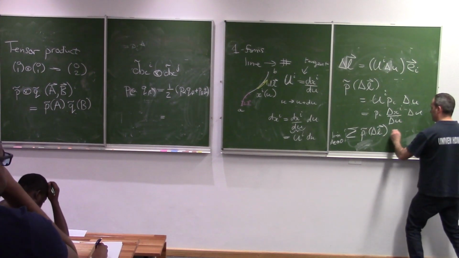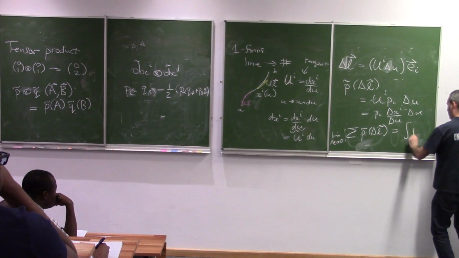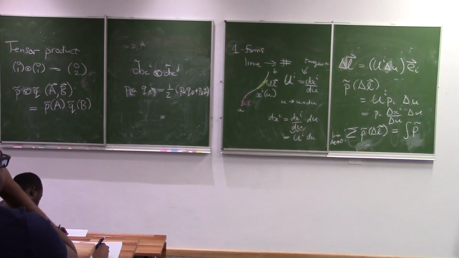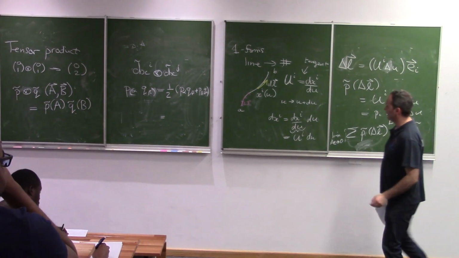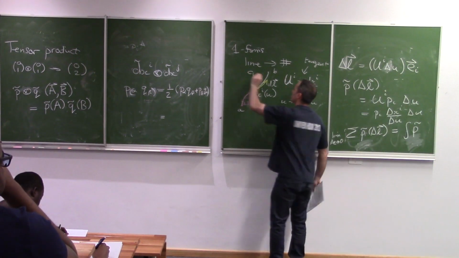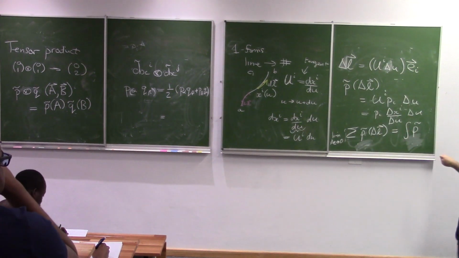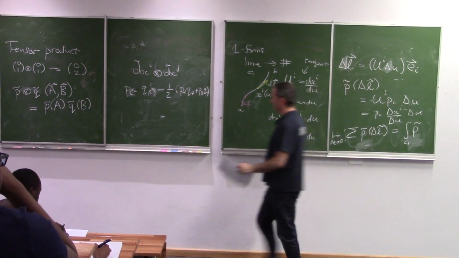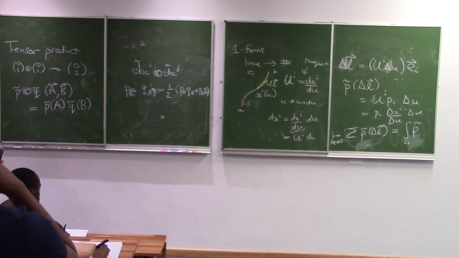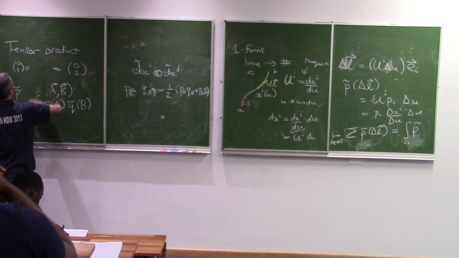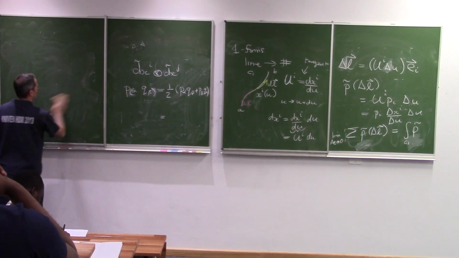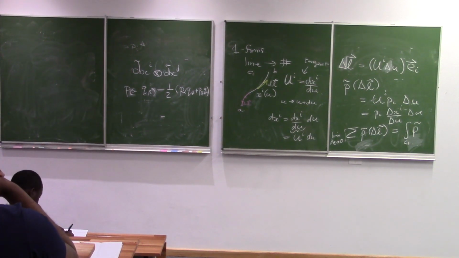And I'm going to write this integral as the integral of my one form. Let me call this curve C1. And to denote the fact that I'm integrating along C1, I'll write it like that. So that looks very neat and compact. And let me just write out exactly what that means.